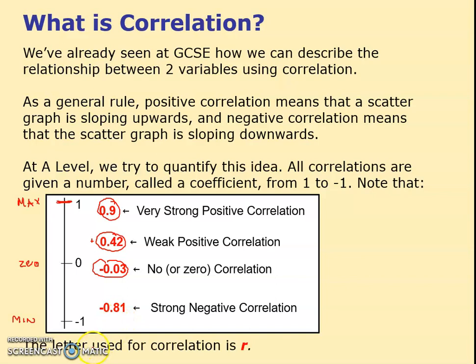And notice this, we use the letter R for the correlation coefficient. And this is sometimes called Pearson's product moment correlation coefficient. Now, it's a bit of a horrible name, I'll tell you now.